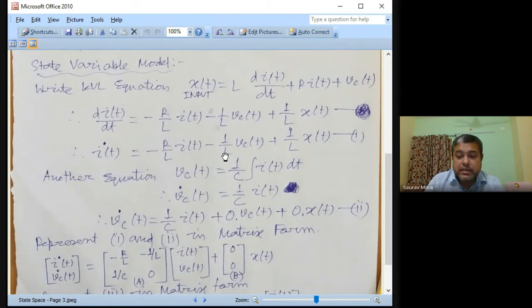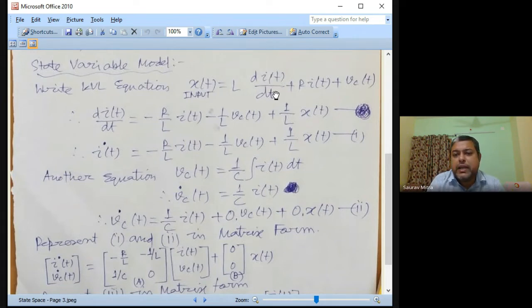So what are our state variables? One is i(t), another is Vc(t). That means we have to find two equations: i dot(t), that is di(t)/dt, and Vc dot(t), that is dVc(t)/dt. Just see here, i dot(t) already exists.